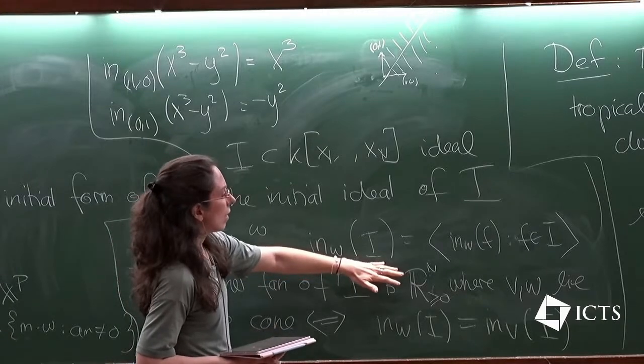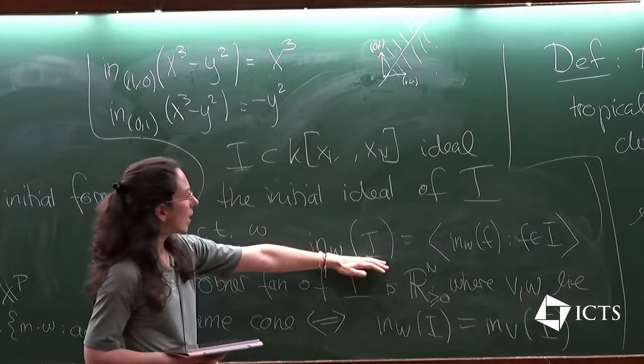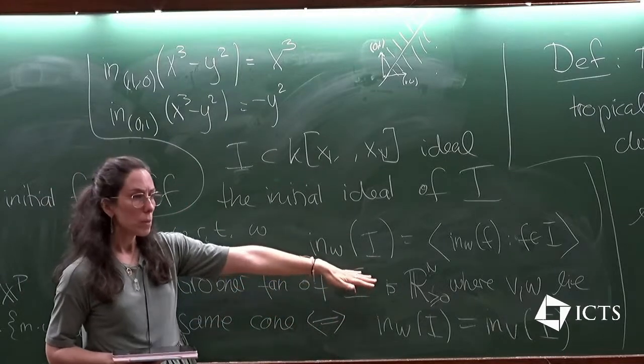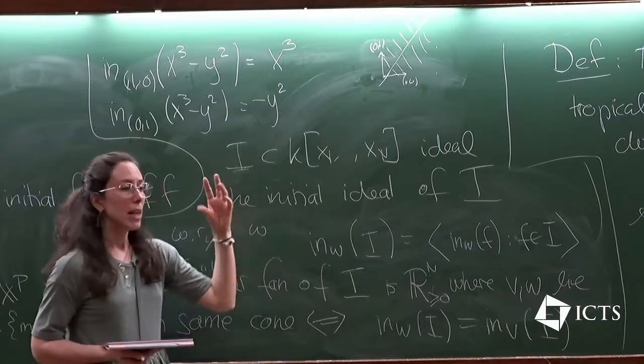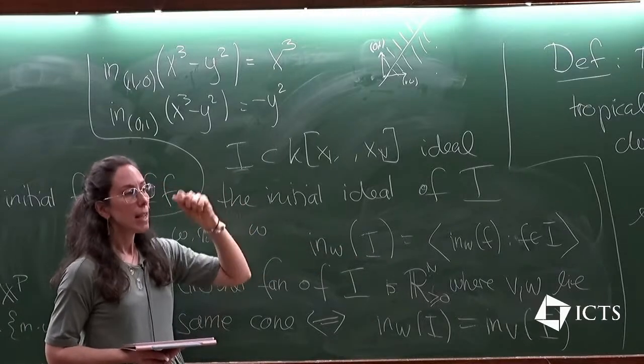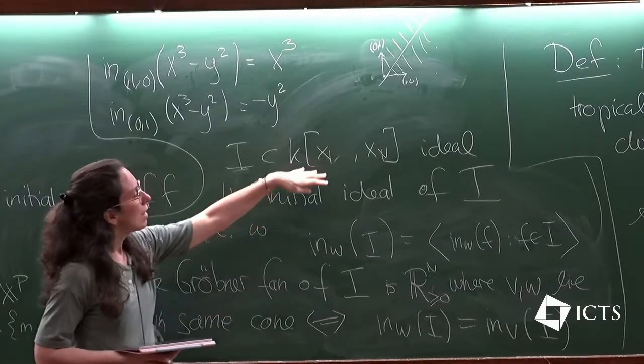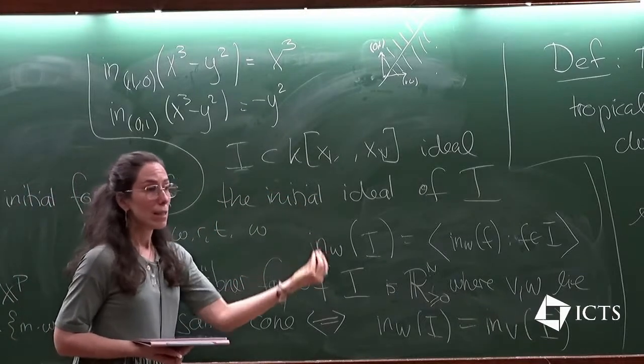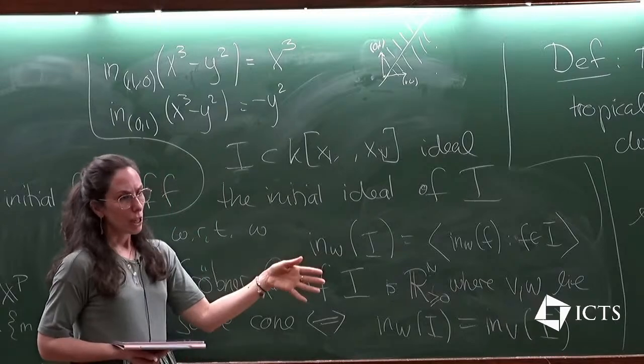And if I take a generic weight, then I will end up with a hyperplane arrangement. But if I take non-generic weights that give me initial ideals generated by binomials, and if these ideals are prime, then I get a toric degeneration.